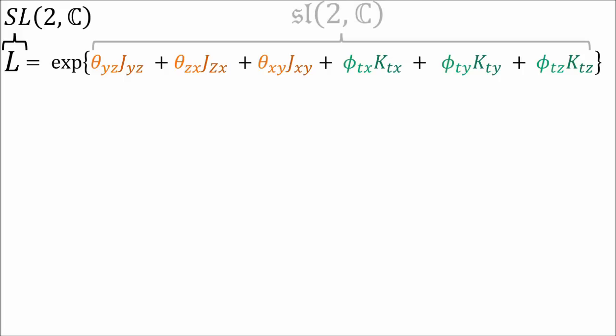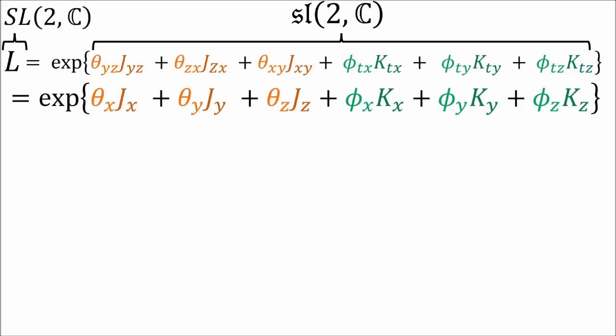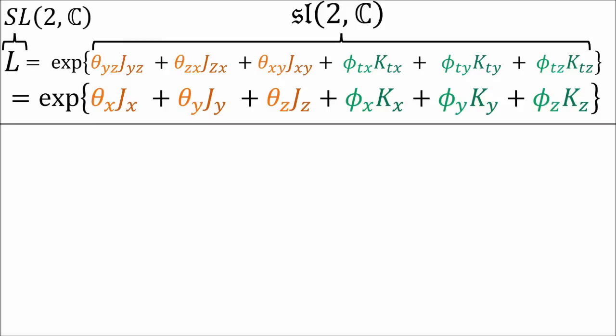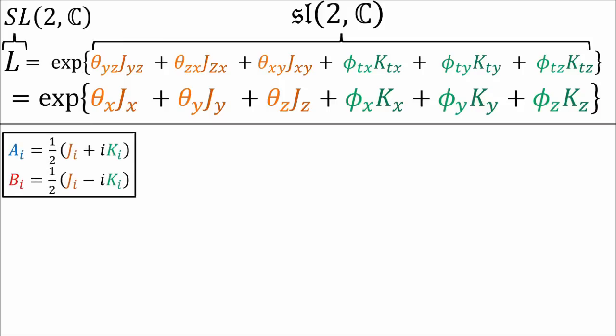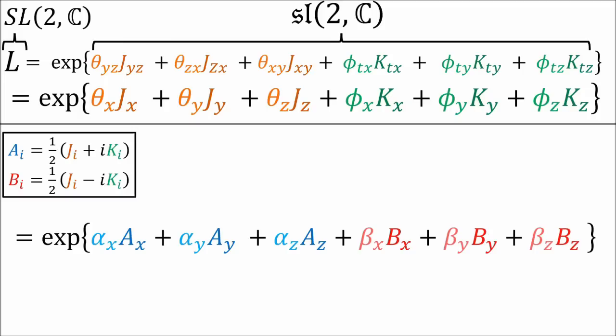If we have a Lorentz transformation L from the group SL2C, we can write the Lorentz transformation L as an exponential of the generators in the SL2C Lie algebra. So we have a linear combination containing the J rotation generators multiplied by circular angles, and the K boost generators multiplied by hyperbolic angles. We can also write this linear combination using the notation where the J and K generators only have one index. We can change this basis to the A's and B's as I showed earlier, where each generator gets its own coefficient beside it.